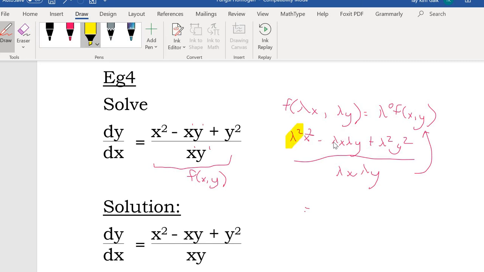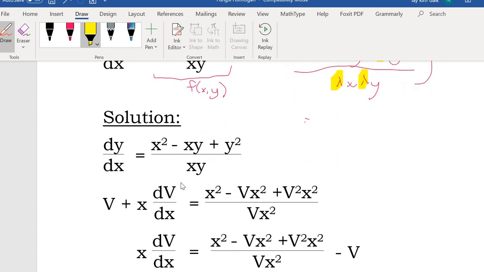So you can prove it is equal to lambda power 0 f(x,y). That's why I said shortcut: I just notice that each term has the same power. In product form, x power 1, y power 1, total is 2, power 2, power 2, then it is a homogeneous equation. If it is a homogeneous equation, then remember to replace y by vx.